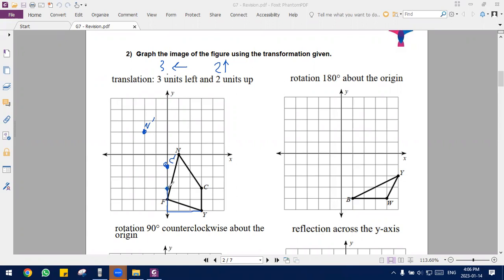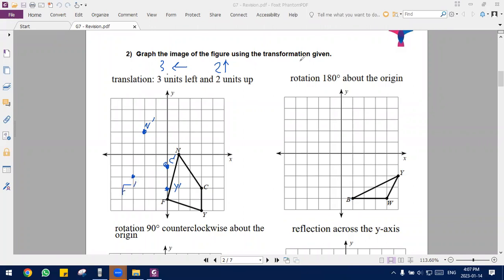It's here. We call it Y prime. And for the last point F, I move 1, 2, 3 squares to the left, 1, 2 squares up, the point is here. And then we call it F prime.